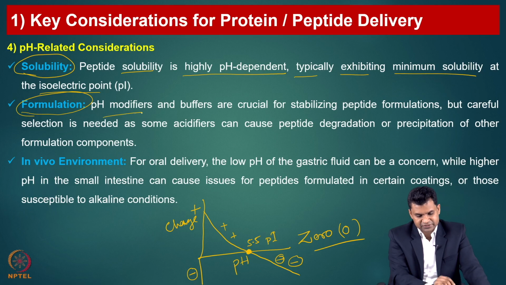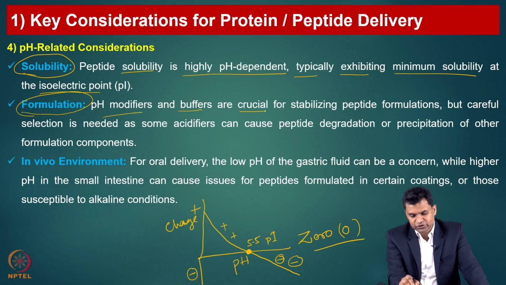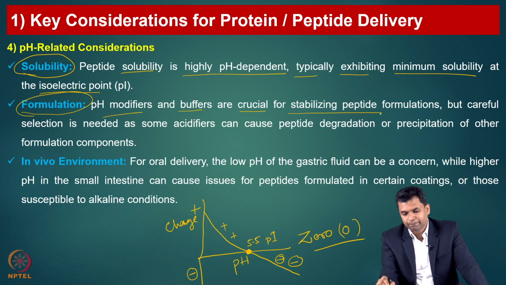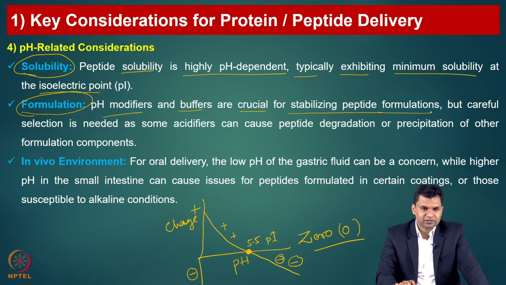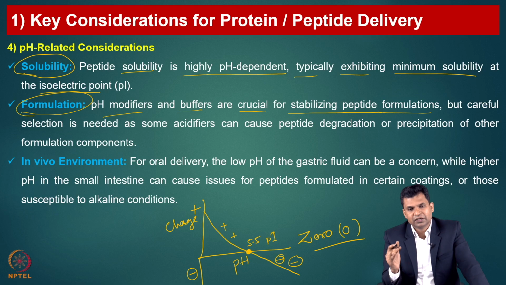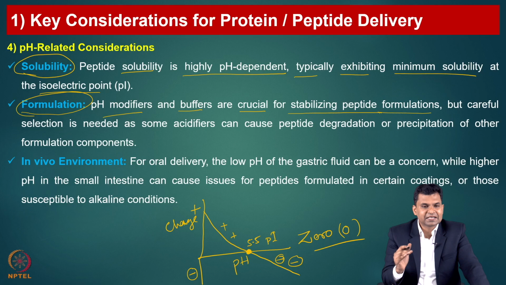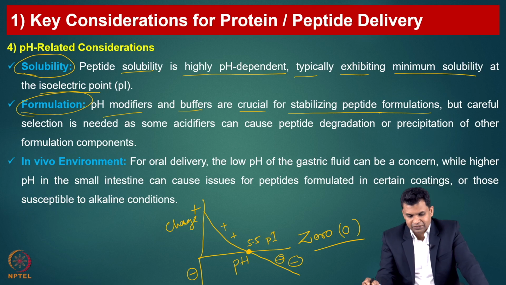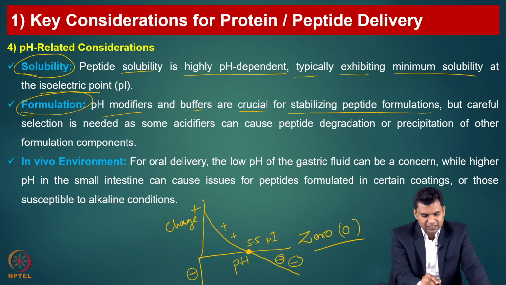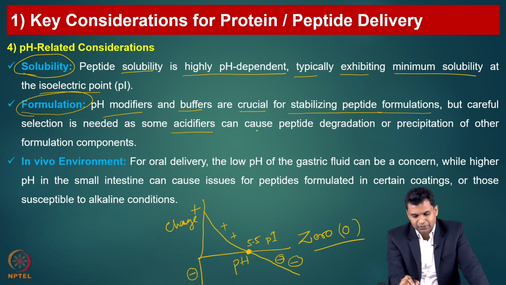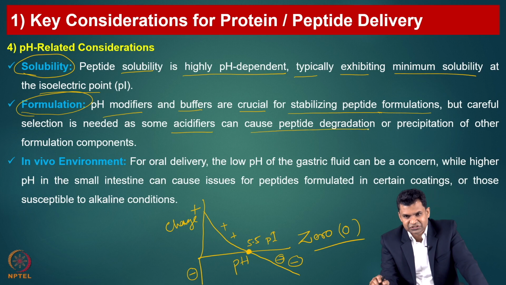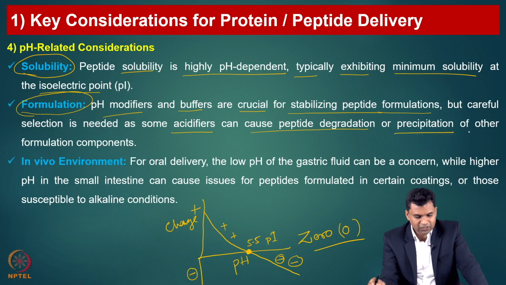pH modifiers and buffers are crucial for stabilizing peptide formulations. We will see this in our upcoming slides, where we are going to see the role of pH as well as buffers, which directly impact the stability of the formulation. But careful selection is needed, as some acidifiers may cause peptide degradation or precipitation of other formulation components.